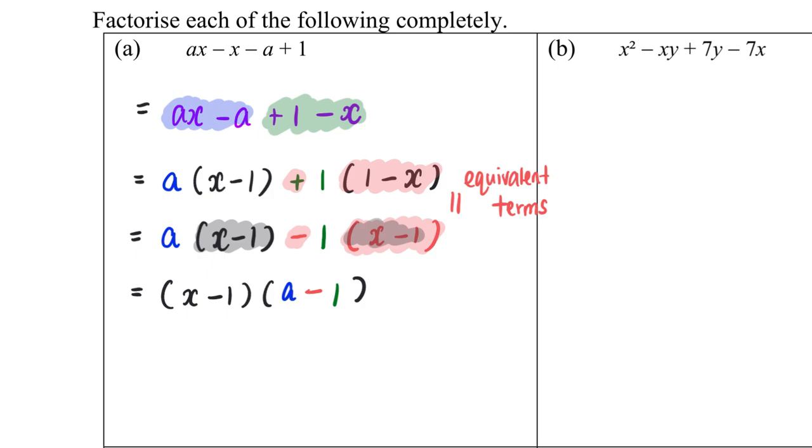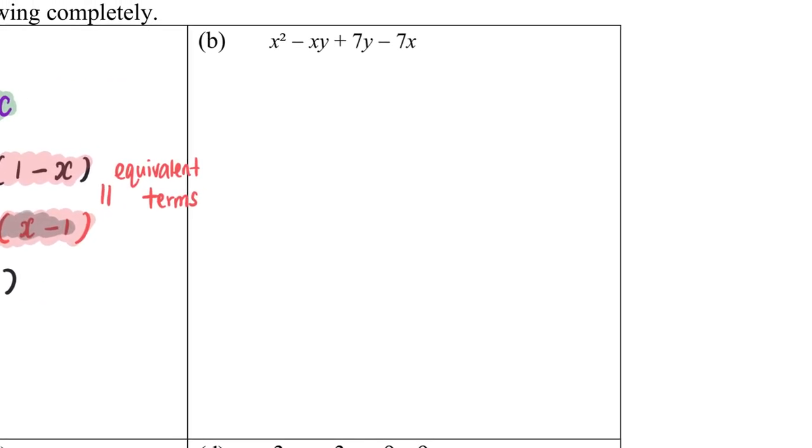Okay, so for part B, we could also do the same thing, and let's see what happens. In this case, I could rewrite it as x squared minus xy minus 7x plus 7y.